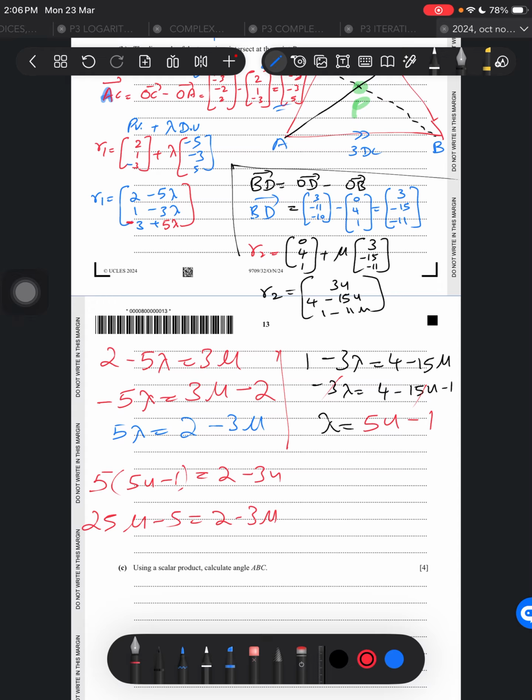So you would have the value of mu as directly 1 by 4, and the same can be plugged into this to get the value of lambda, 1 over 4 minus 1, and the value of lambda turns out to be the same.